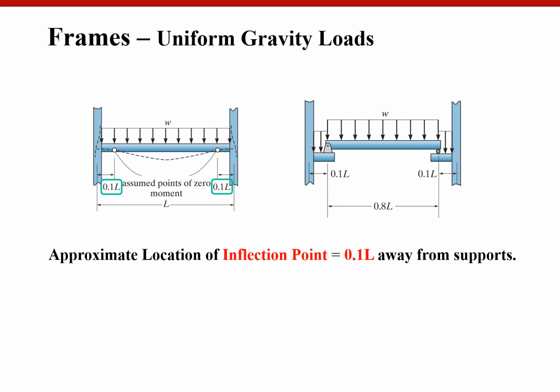This one is not a complex beam, but the method is exactly the same. We are going to analyze this simple beam whose length is 0.8L because we are going to have an approximate cantilever beam at both sides whose length is 0.1 L each.